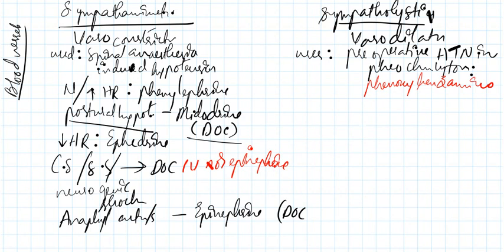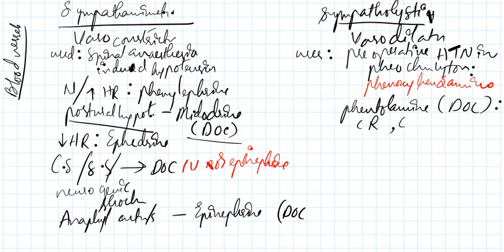Phentolamine, you remember this drug? Phentolamine is the drug of choice in cheese reaction, clonidine withdrawal hypertension, and also intraoperative hypertension in pheochromocytoma. This is important.